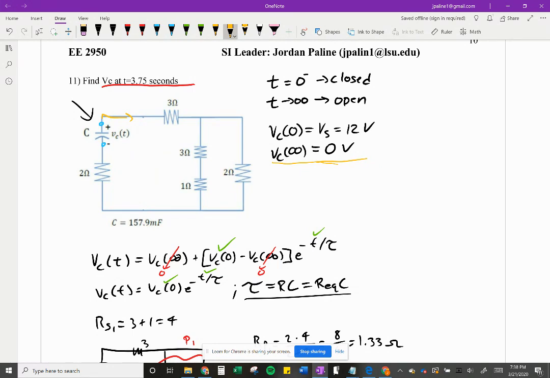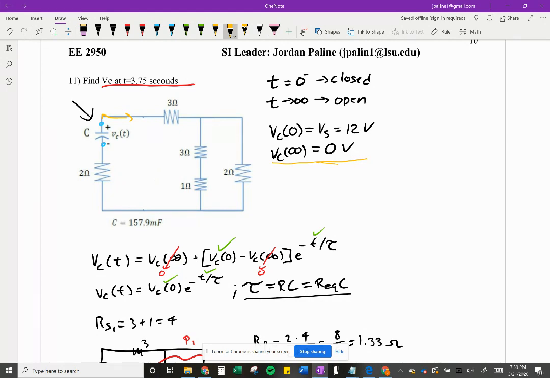Now, looking at our charging-discharging equation, if we grab those voltages, V of C at infinity goes to 0. We know initially it's 12, and we know the time, but we don't know tau. When we simplify it down, we get V of C at time t is equal to V of C initial times e to the minus t over tau.